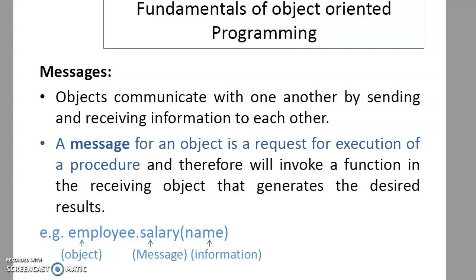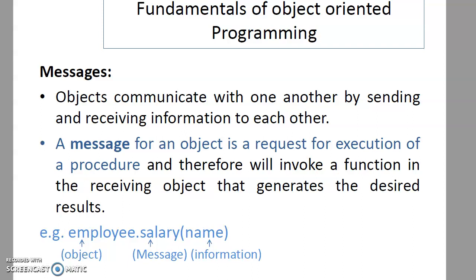Whenever you say object dot method name, it is a message. Therefore we invoke a function in the receiving object that generates the desired results. The method of the receiving object will execute and generate the results of execution.